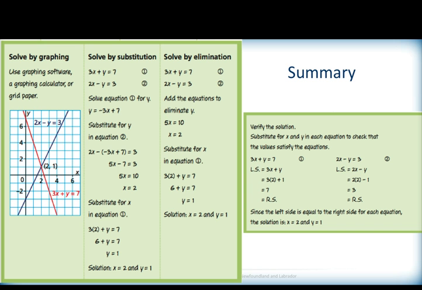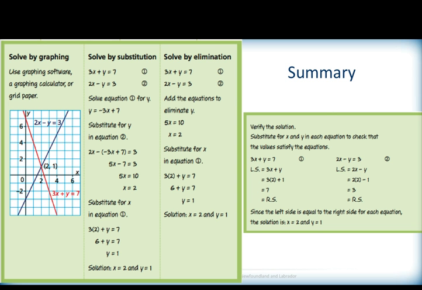In summary, when we have to solve using substitution or elimination, it is a good thing to look at the equations that are given. If you have a term where the coefficient is 1, substitution would be the most efficient method to use. However, elimination can be used in all cases.